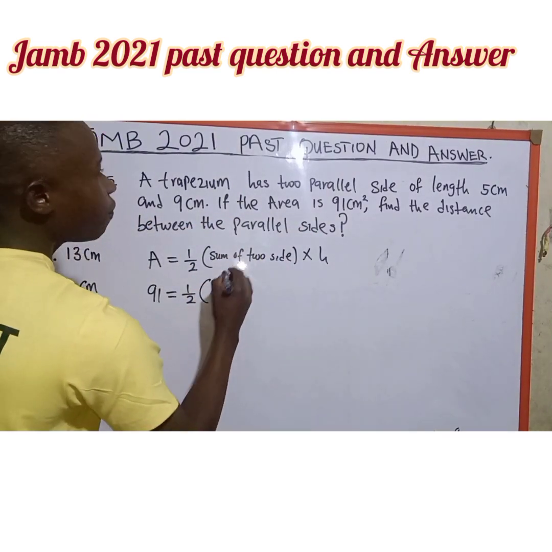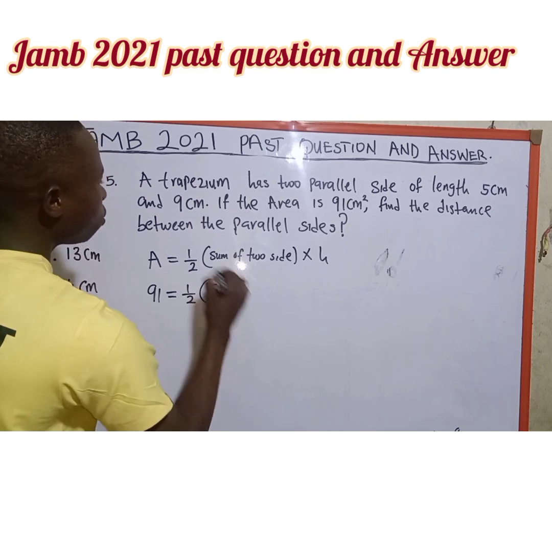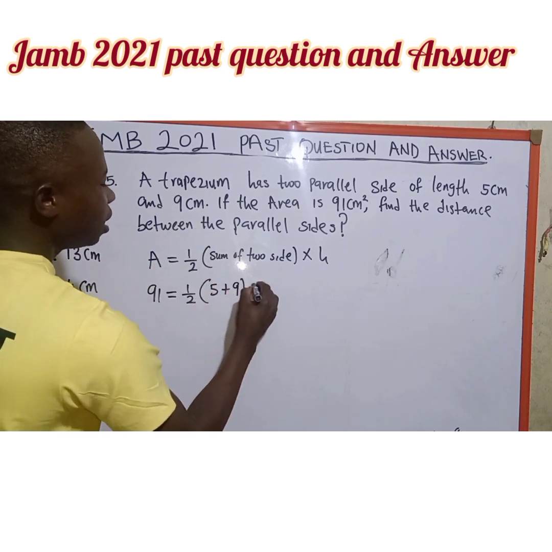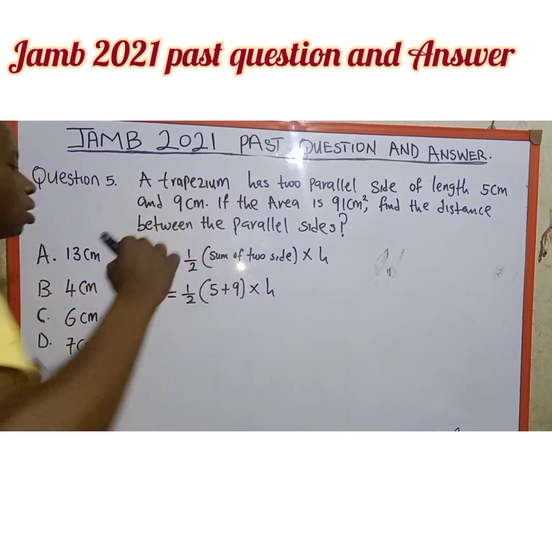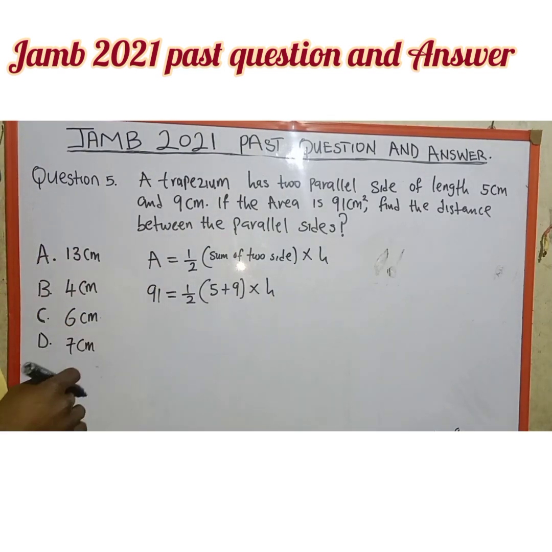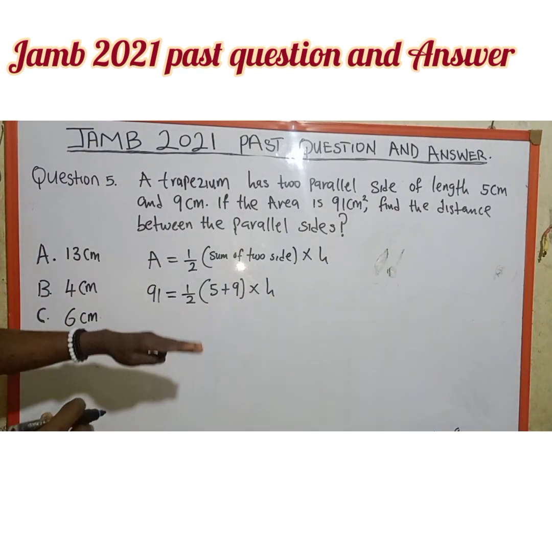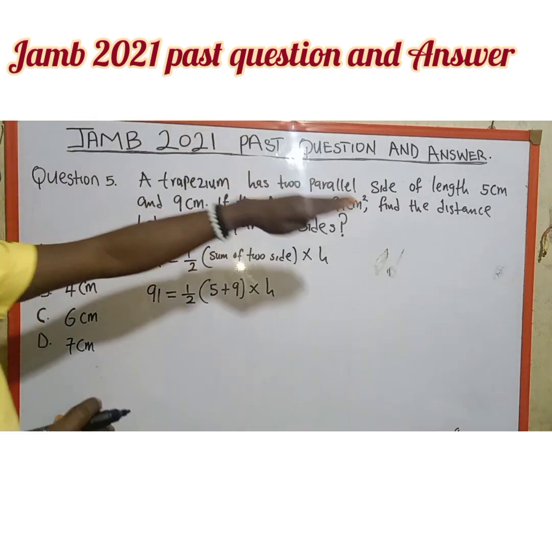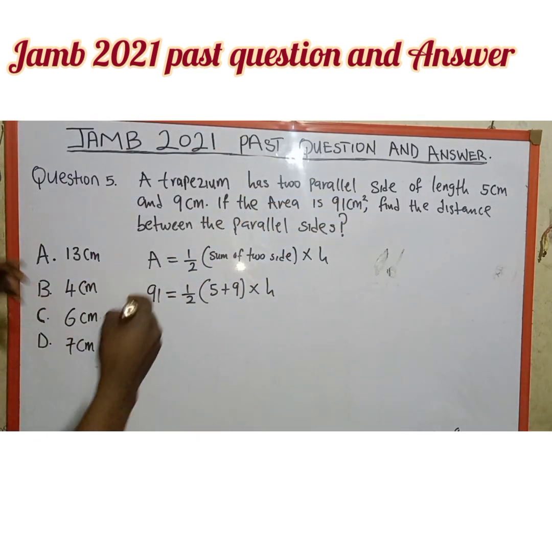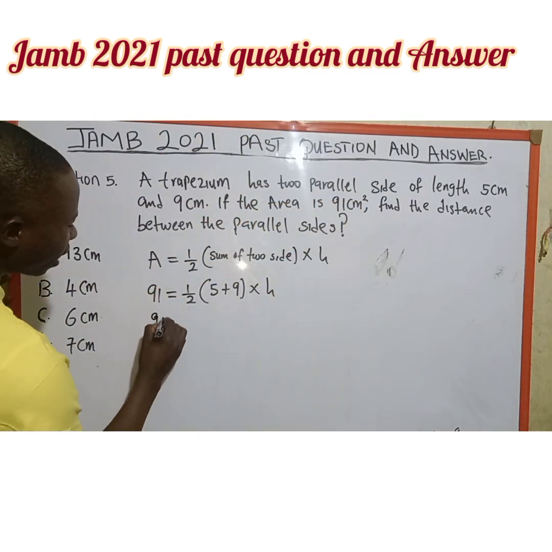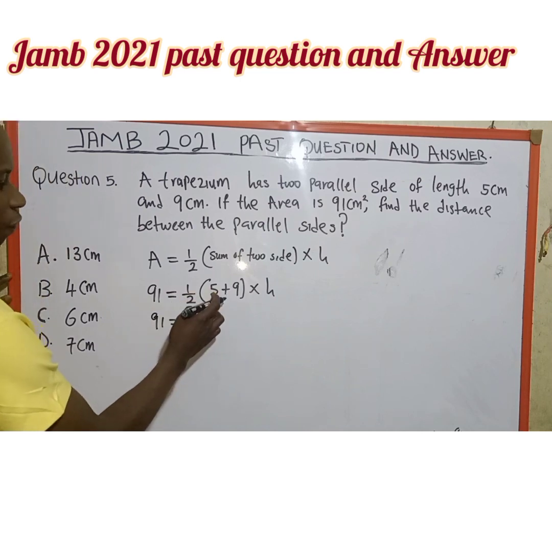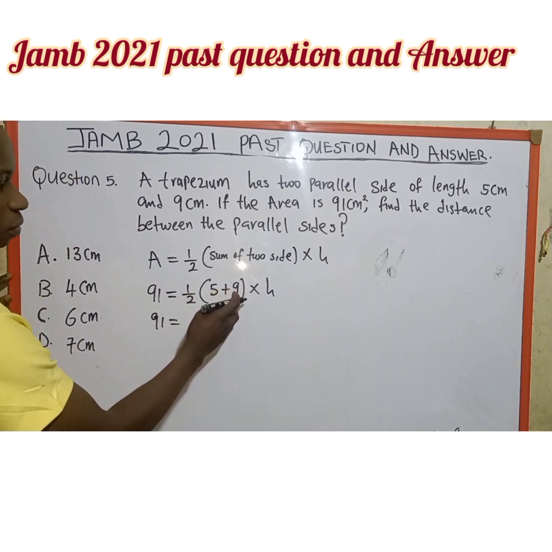So we are going to have 5 centimeters plus 9 centimeters, then multiplied by h. So we are going to make this h the subject of the formula. This is the distance, the height from the 5 centimeter side to the 9 centimeter side. So we are going to have 91 will be equal to 5 plus 9, which is going to give me 14.